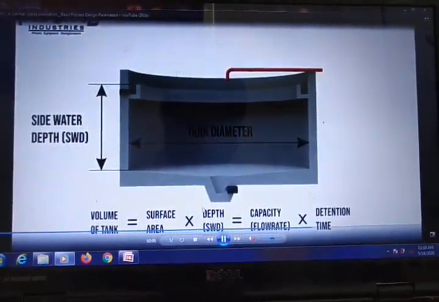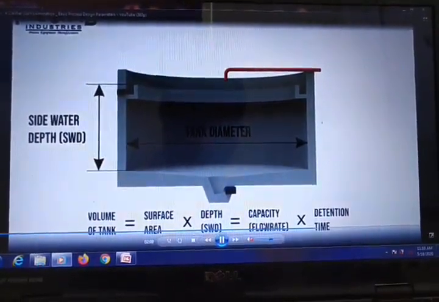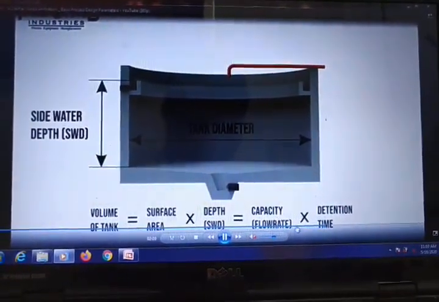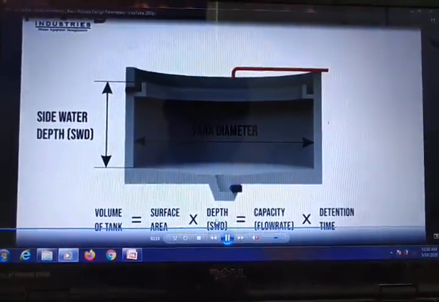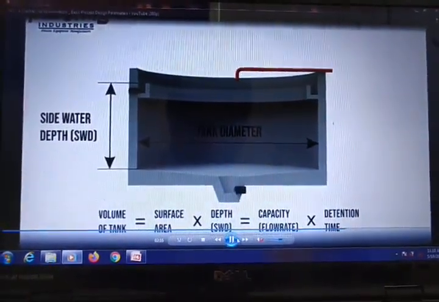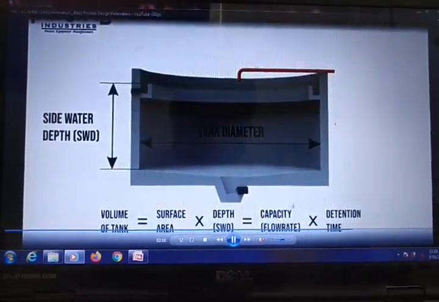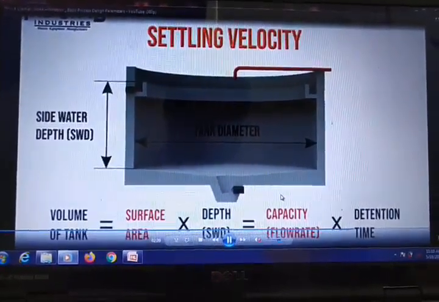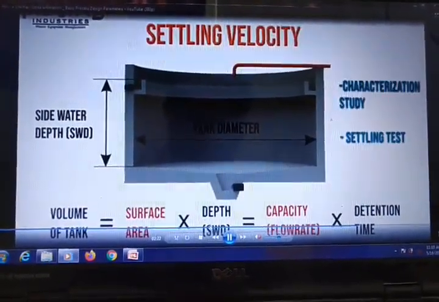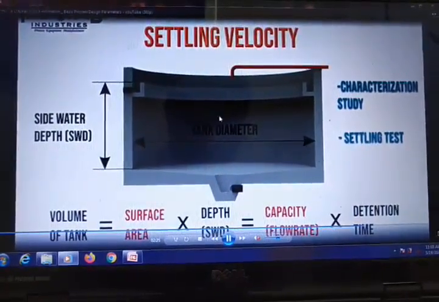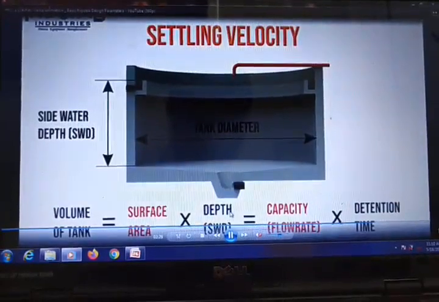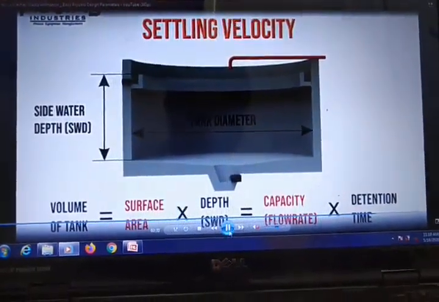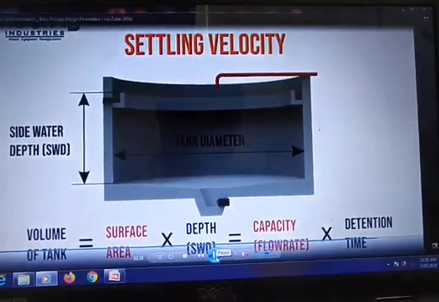So this gives the volume of the tank, which is also equal to the flow rate into detention time. These are the expressions which can be used to find the volume of the tank. This will help when you design a clarifier. It is again a function of settling velocity. Considering all these things, we have to carefully design the dimensions of a sedimentation tank.